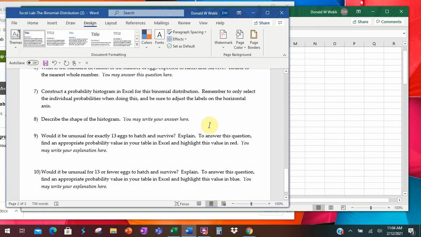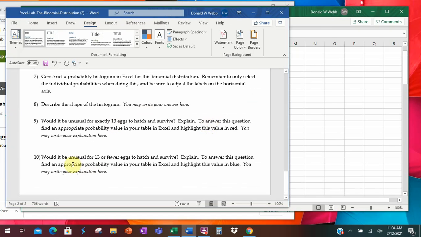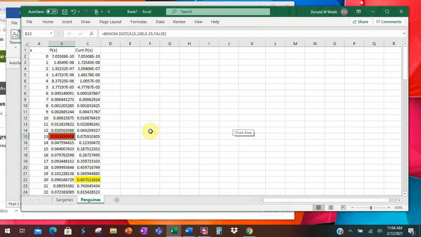And then it says, would it be unusual for 13 or fewer? 13 or fewer. So I'm going to look at the probability out here, the probability that X would be less than or equal to my 13. And that's all of these together. So this would be any of these things. So I would add up all of these things. That is this value.